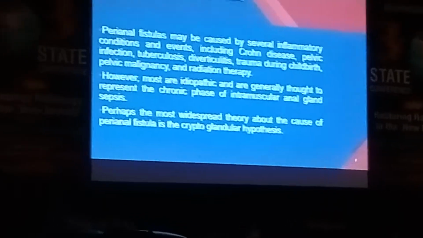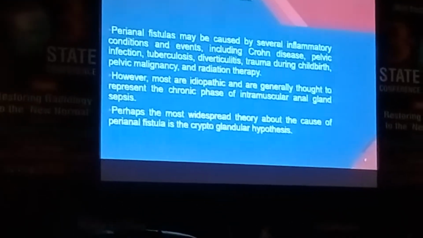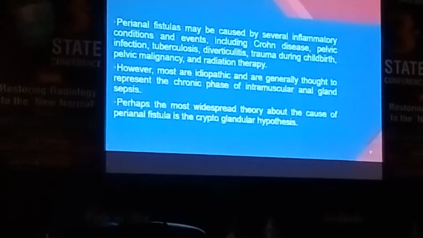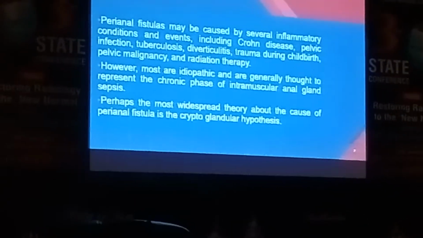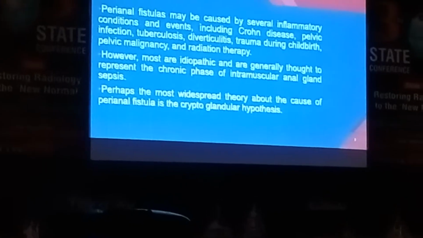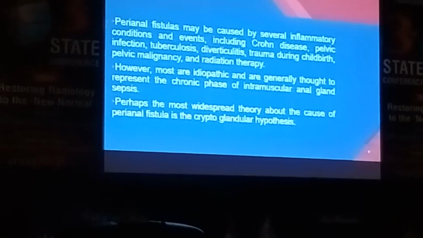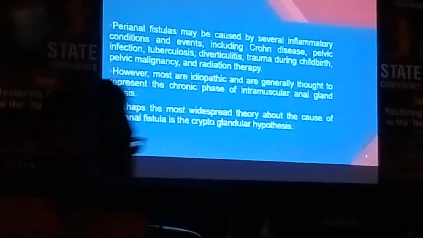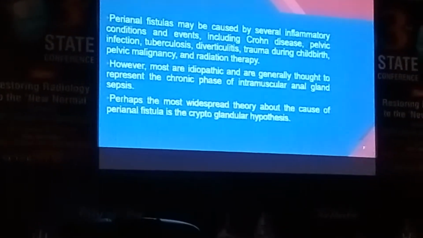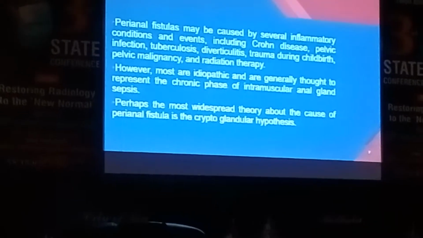That means there are many glands in the anal region, with continuous secretion. If infection happens, then this secretion may create a path, and then the secretion comes through the tract. Perhaps the most widespread theory about the cause of perianal fistula is the cryptoglandular hypothesis.